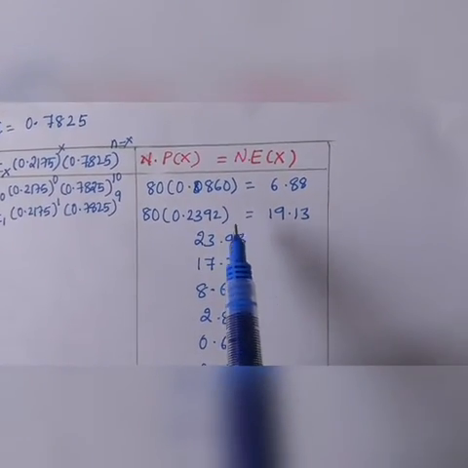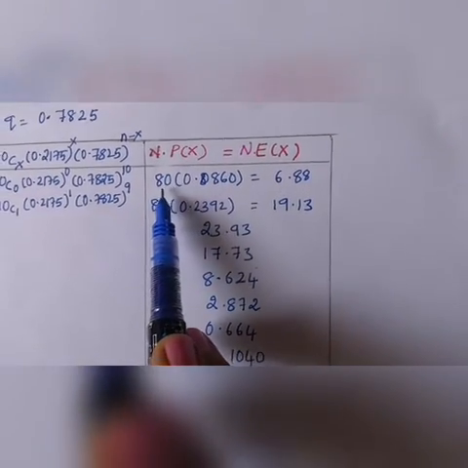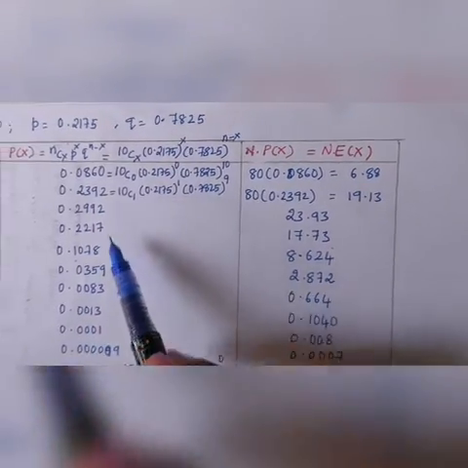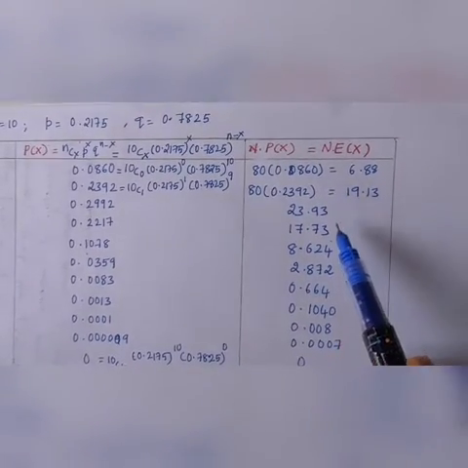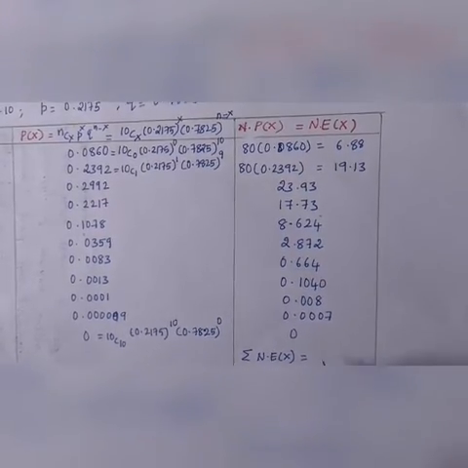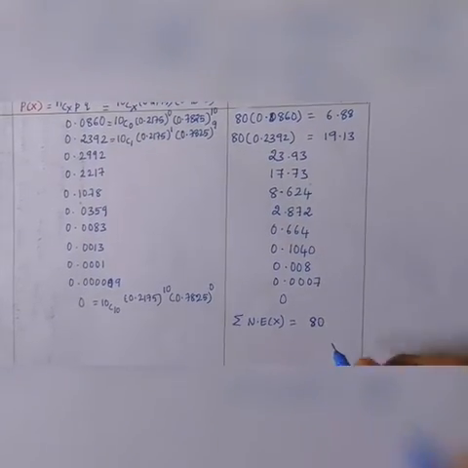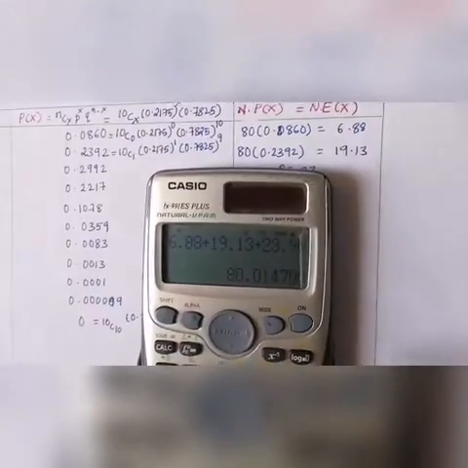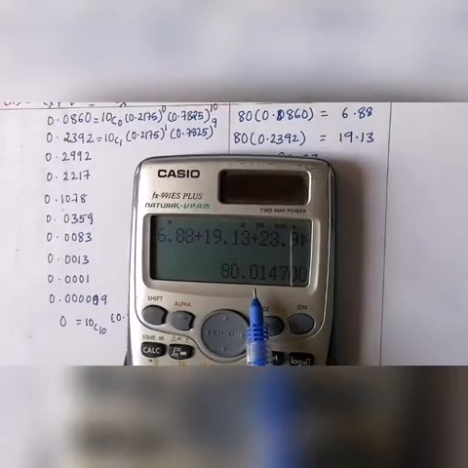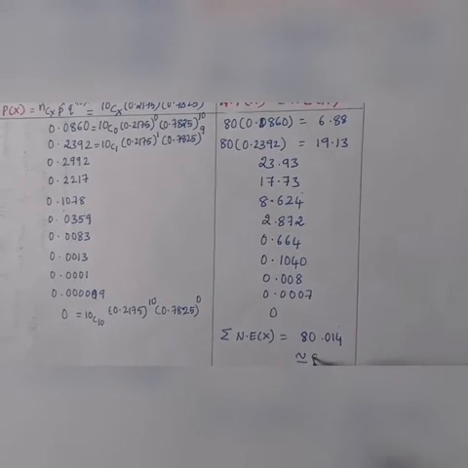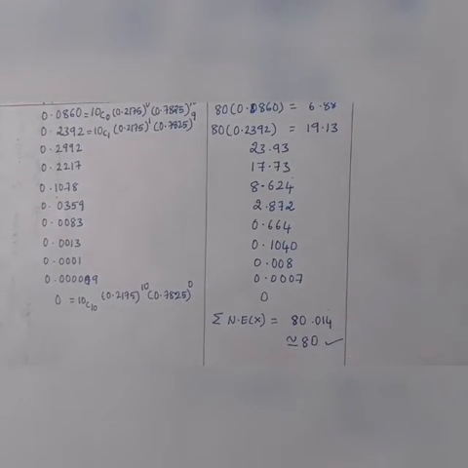Now when I multiply 80 with every probability that I got in the previous column, in this column I got all these values. Once you add all these values, they should be equal to 80. When I calculated the values, I got 80.014, which is approximately equal to 80, which is the population size.